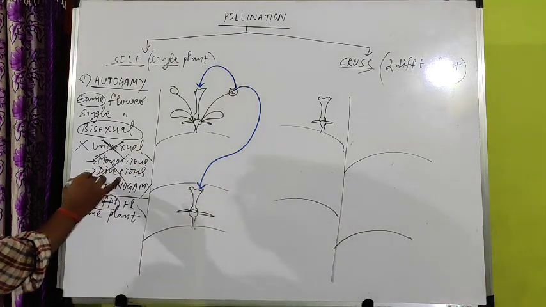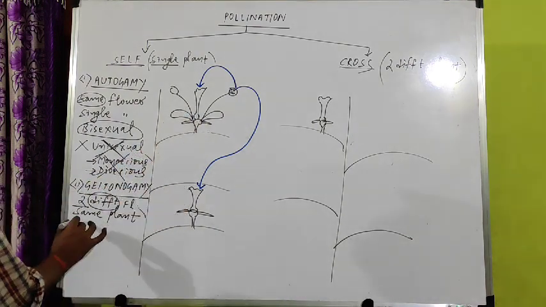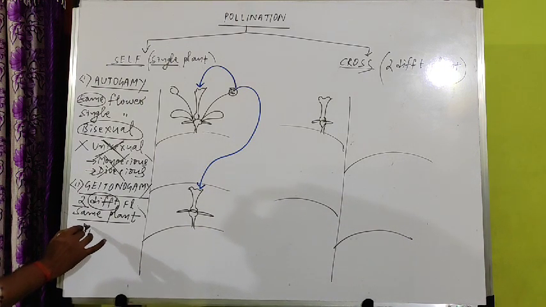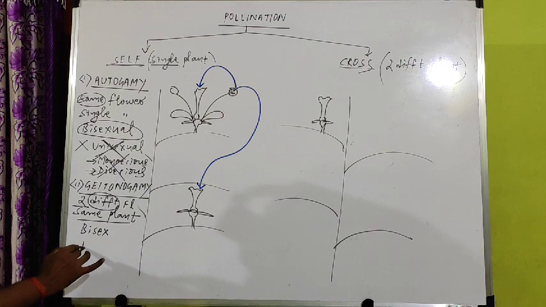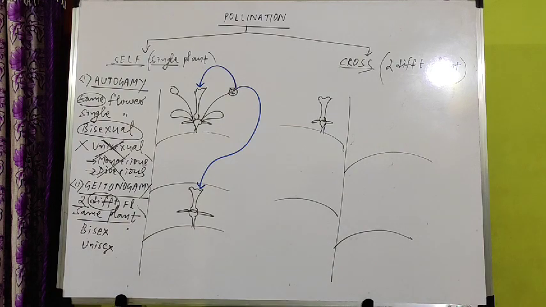So monoecious and dioecious plants also cannot show autogamy. But zetonogamy takes place between two different flowers of the same plant. Now tell me, can zetonogamy take place in bisexual or only in unisexual? Now I am writing bisexual and unisexual. In which case does it take place: only bisexual, only unisexual, or both?